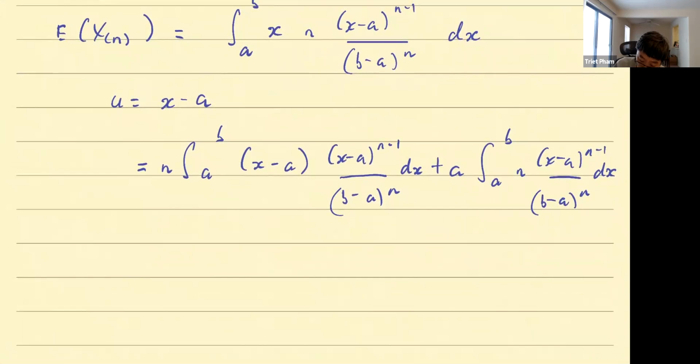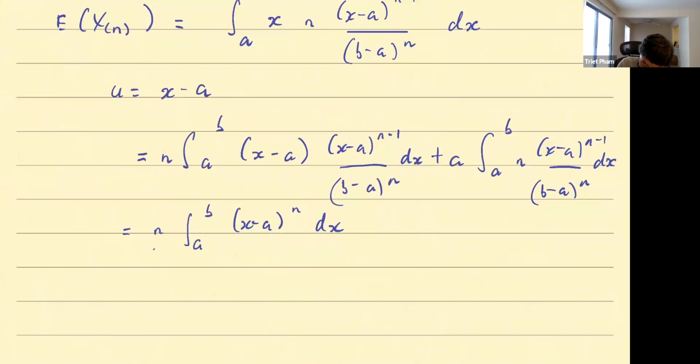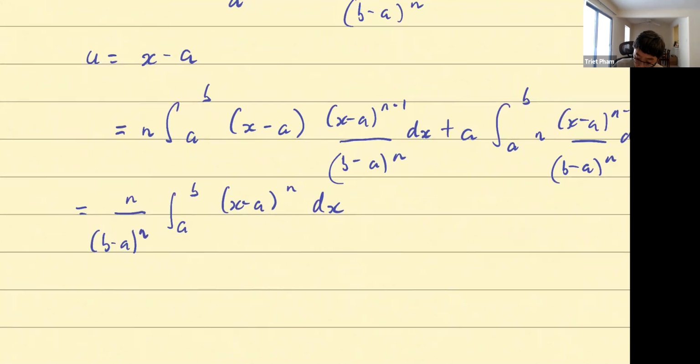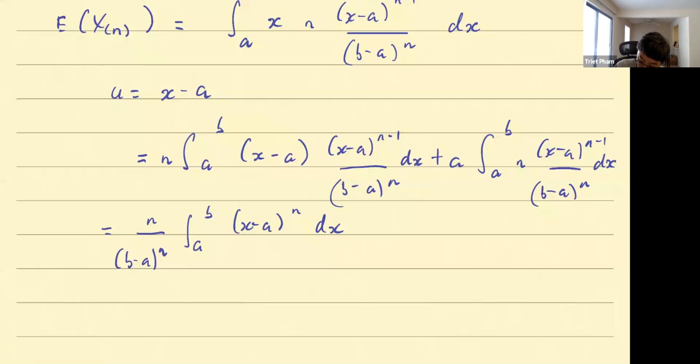Why so? Because the first one will be just this. Let's pull the constant outside. What is the value of this integral? The value of this integral is a. Why?